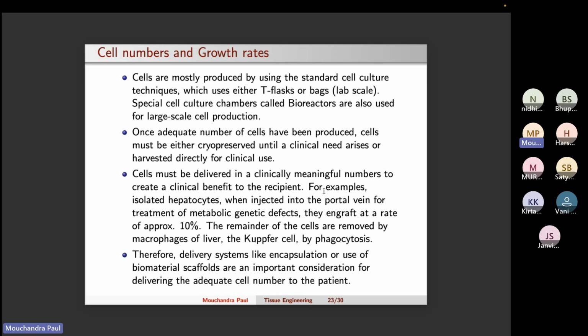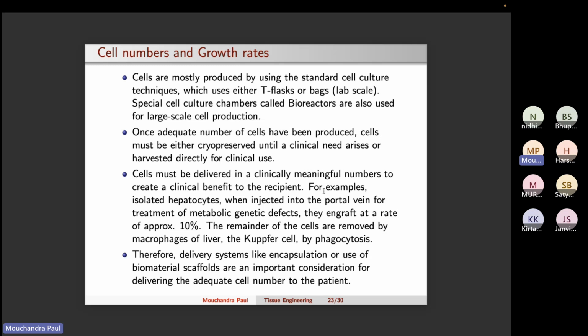It will increase the chances of targeted delivery. If you have heard this term, targeted delivery, like for drug delivery, we do targeted delivery. Similarly, if you want those cells to smoothly reach their target site without getting phagocytosed by the macrophages, or getting recognized by the antibodies and all, it will definitely help.